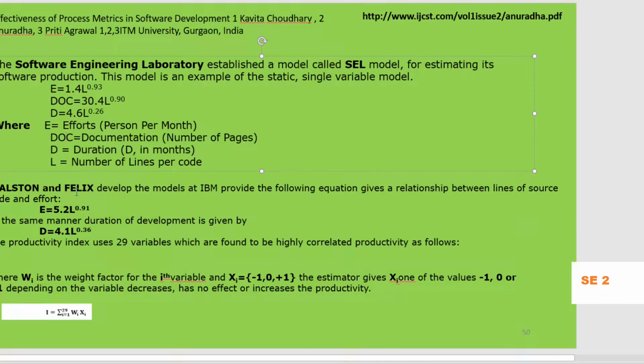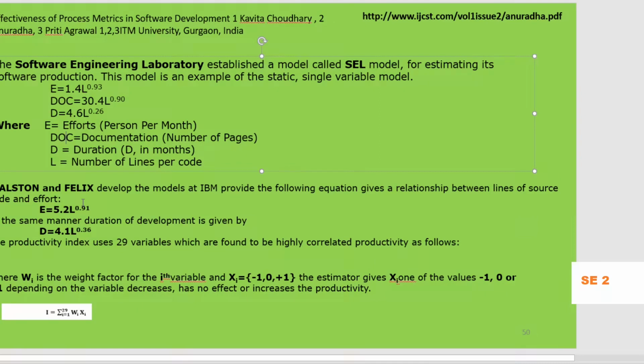Ayan. Next is the Walston and Felix model. Meron din silang ginawang model at IBM that provides the following equation in relation between length of source code and effort. So, sa kanila, ang computation nila, E for the effort is 5.2 L raised to 0.91. In the same manner, duration of development is given by D is equal to 4.1 L raised to 0.36.